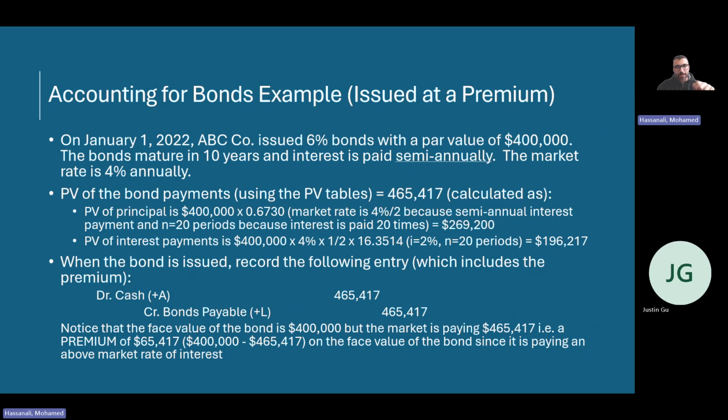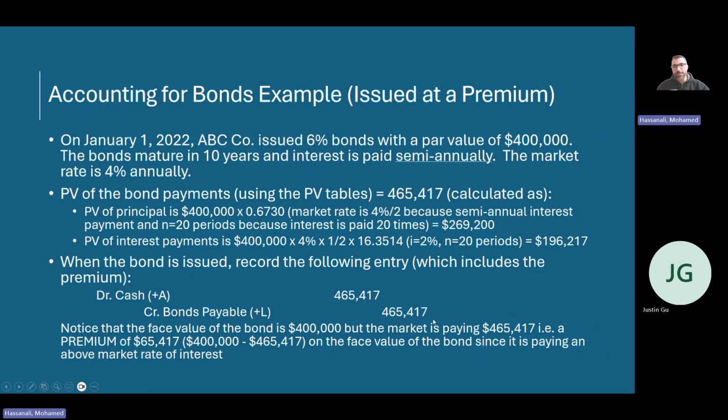So when you issued the bond, the face value of the bond was 400,000, but the market is willing to pay you more than 400,000 upfront because the interest rate you are paying is higher than the market interest rate. So therefore, the investor gave you $465,000 of cash. So you debit cash 465, credit bonds payable liability of 465,417.